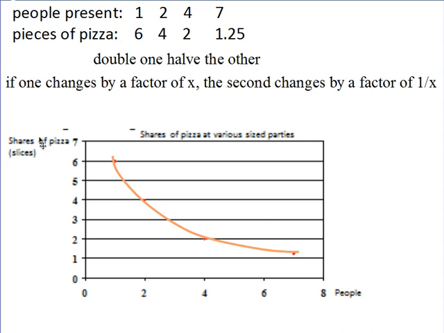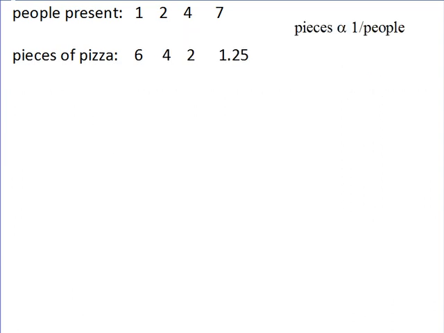This was pieces to people, but if it's an inverse proportionality, what you would say is that pieces are inversely proportional to people. But look at that. That's the same thing as pieces are directly proportional to inverse people. And that's exactly what we're going to work with.